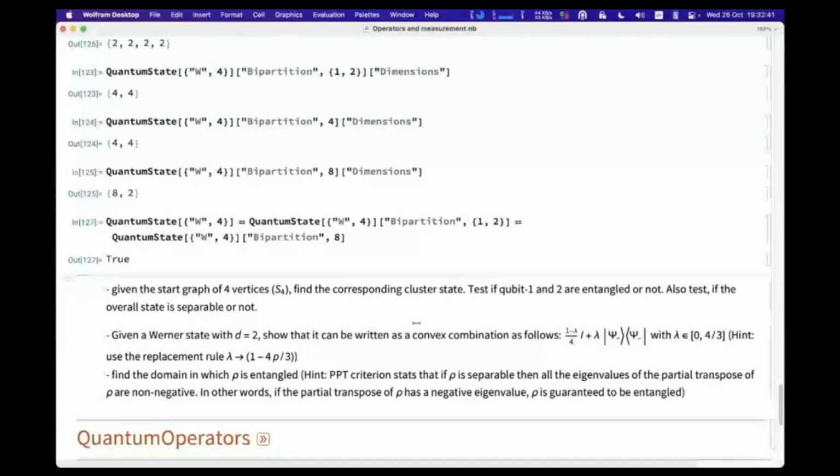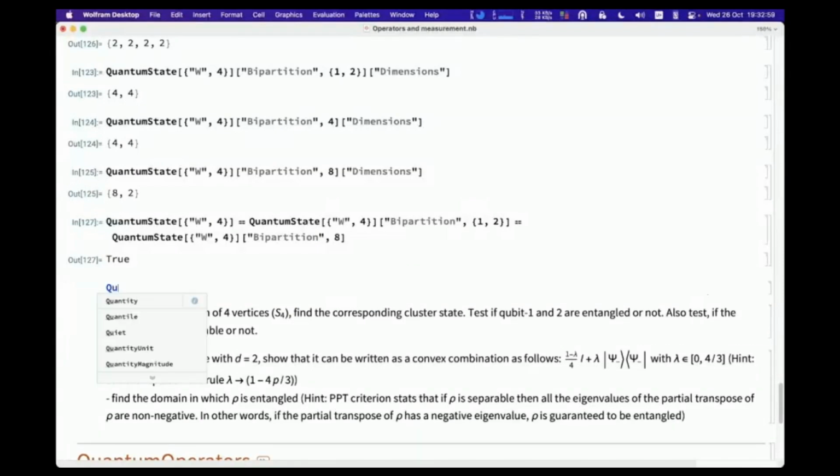There is one question: is partial transpose the same as quantum partial trace? No, they are not the same thing. Just Nick, show one example, like generate one 2 by 2 pure state.